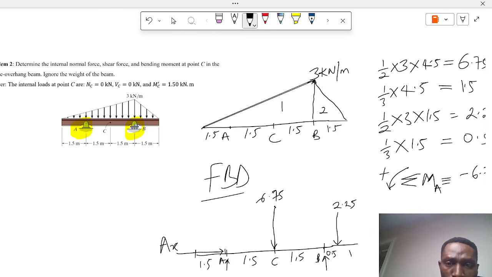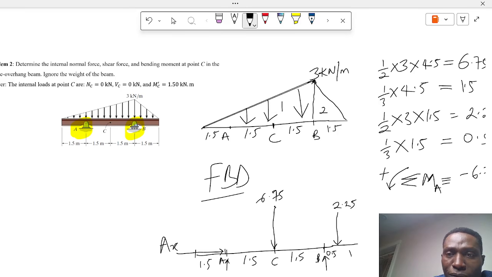So we have to look for the force that is acting on this point C when we cut C from this distributed load. We have to look at the forces at this point C. We just solve a simple mathematics.